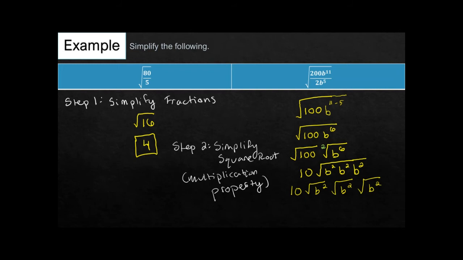And the square root of something squared cancels out. So I'm going to be left with just b for each of these, because the square root is going to cancel the square. So each of those is going to get me a b.